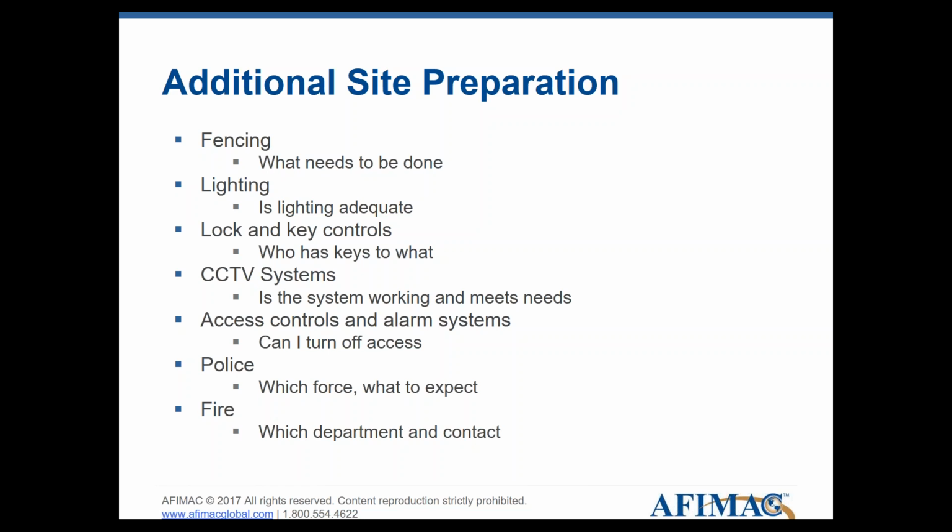Additional site preparation, you might need to put up fencing, repair fencing, certainly locks may need to be changed, no trespassing signs set up. If some of your locations have surveillance cameras, make sure that they're functioning. Certainly you'll want to make sure on that end that your locations are safe and well prepared in the event of a labor disruption.